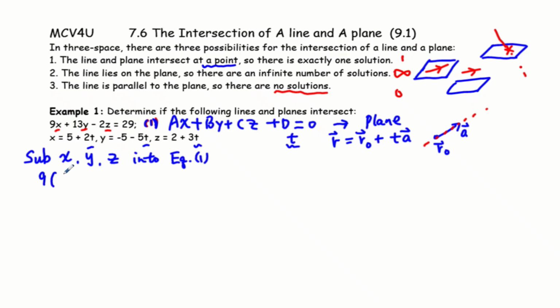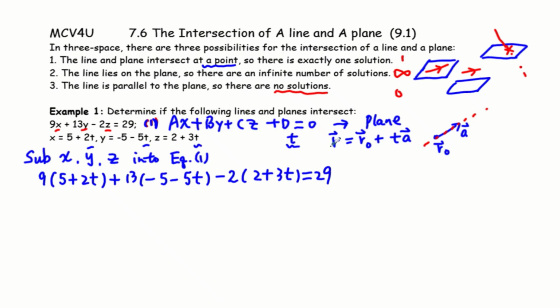We have 9 times 5 plus 2t plus 13 times negative 5 minus 5t. Then minus 2 times 2 plus 3t equals 29.